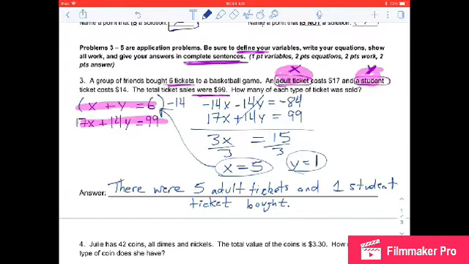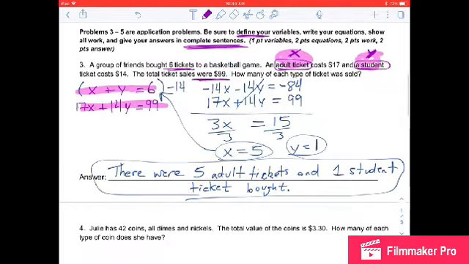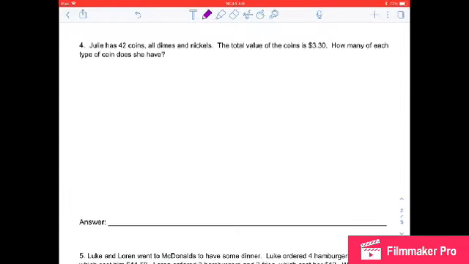Or however you say that. Could be a lot of different answers. You could have said the group of friends bought 5 adult tickets and 1 student ticket. Okay, it's again up to you how to write that. All right, just use a complete sentence since that's what it says in the directions.